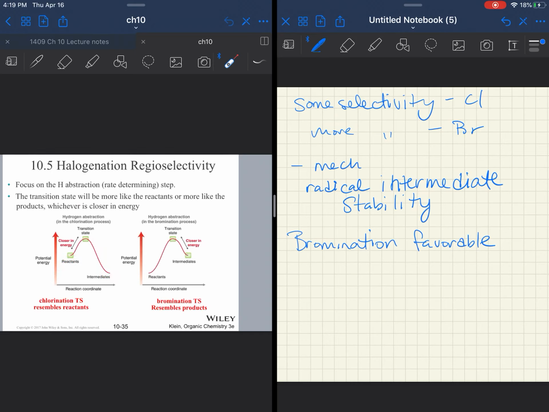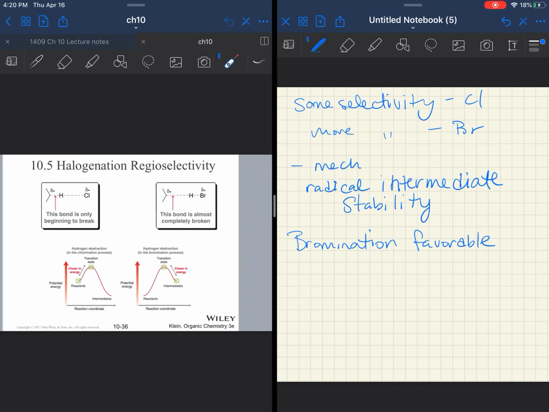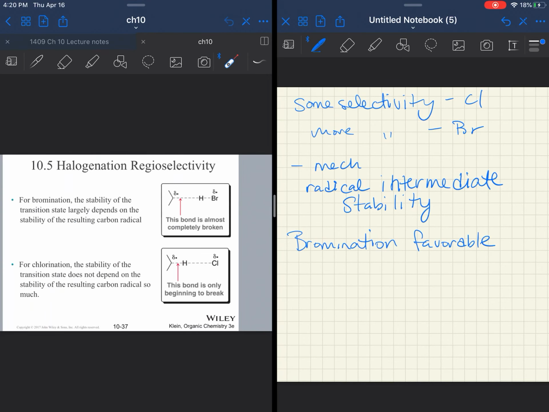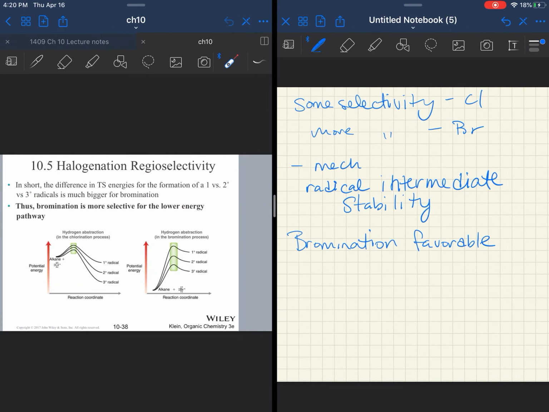So your transition state for chlorination is going to be more similar to the reactants because energetically it's closer to the reactants, whereas the intermediates in the bromination are closer in energy to that transition state. So you don't need to be able to regurgitate that, but that's what that slide is about. Right, it's a picture of the transition state. We'll really get into that here.